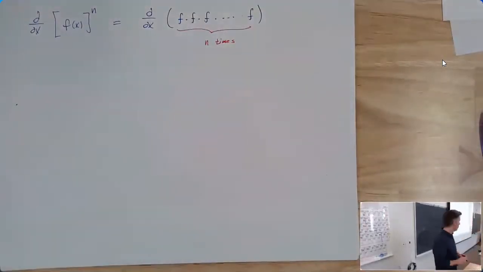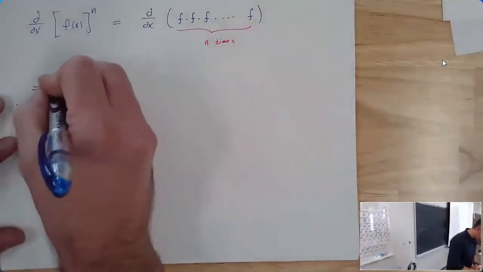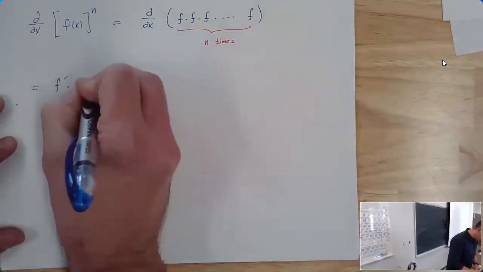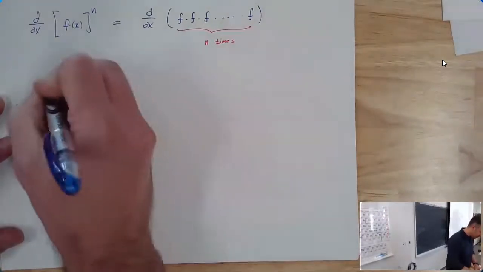Great. We just talked about how to do this. We have n things multiplied together. So we're going to get how many pieces? N of them. And each piece is going to have one derivative and the rest not derivatives. The rest being the other n minus 1 factors. So my first piece is going to look like f prime times all the f's.